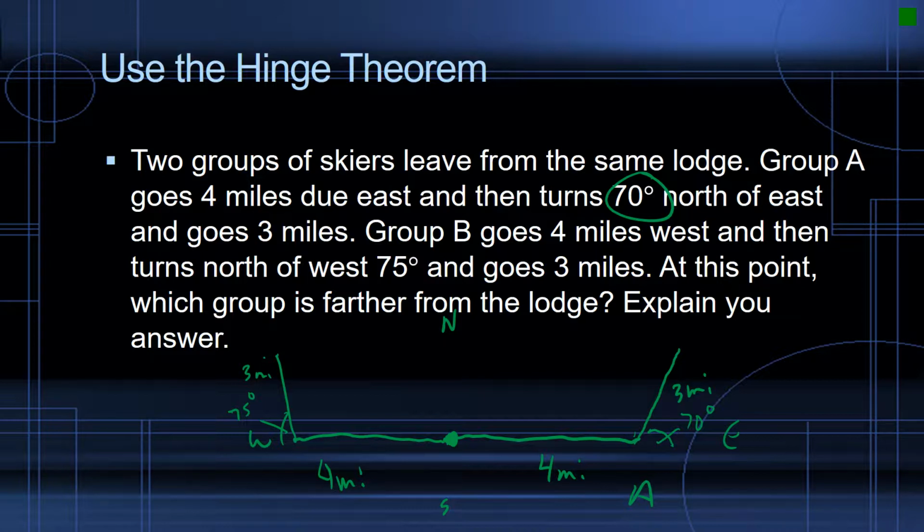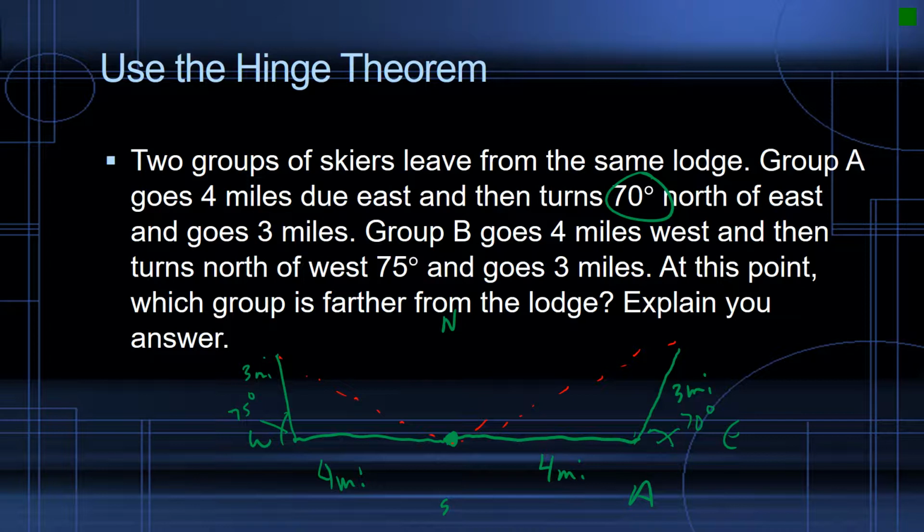Then it asks us which group is farther from the lodge. So what we're trying to figure out here is, that's the distance for group B, and here's group A. We're trying to figure out which one's farther away from the lodge.